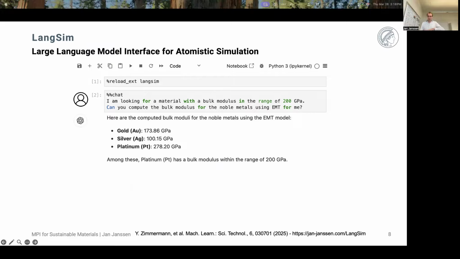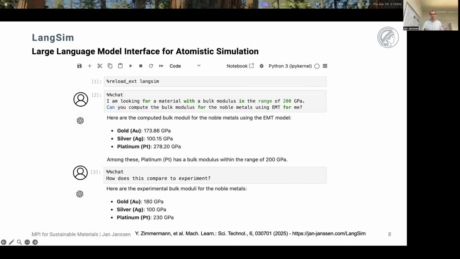Right? So really making this kind of simulation experience accessible now for users who previously maybe didn't have access to simulation. We can now ask these models to calculate the bulk modulus using a specific simulation method, and it just gives us the values. We can also ask for experiments, and it's not yet doing any kind of experiments, but it's just looking up experimental values from a database.